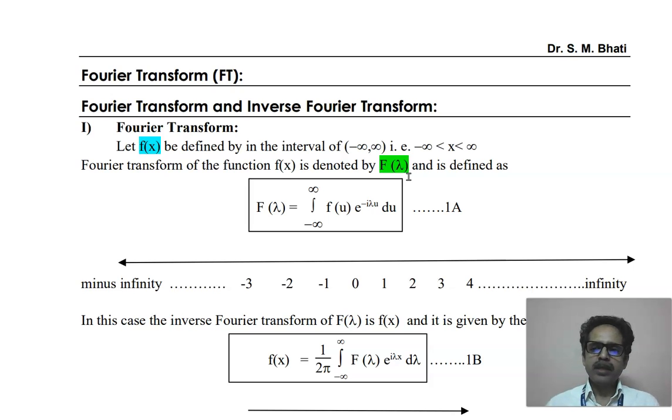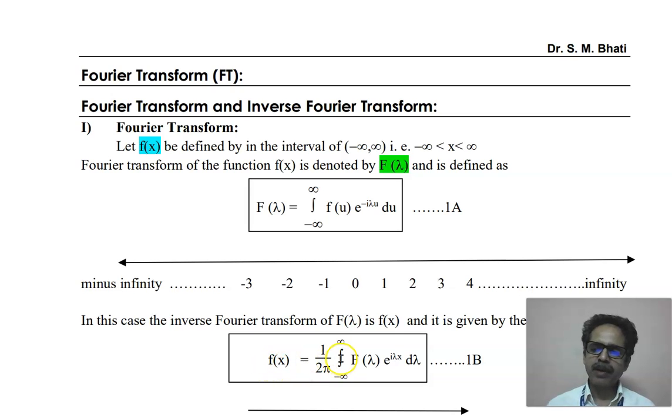Now in this case the function f of x is called inverse Fourier transform of capital F lambda, and this function f of x is given by this formula. You can see in left hand side there is f of x.